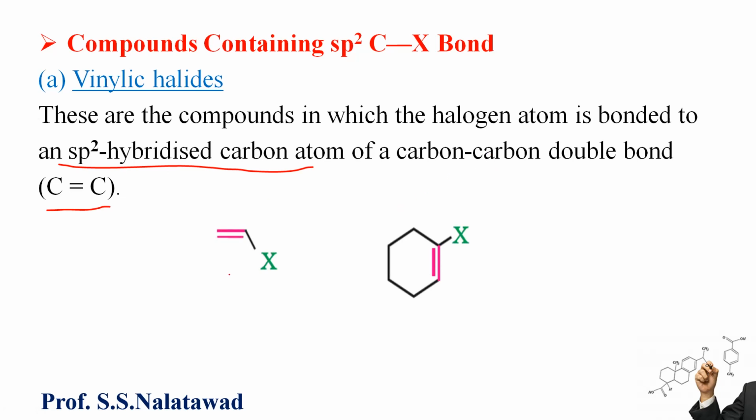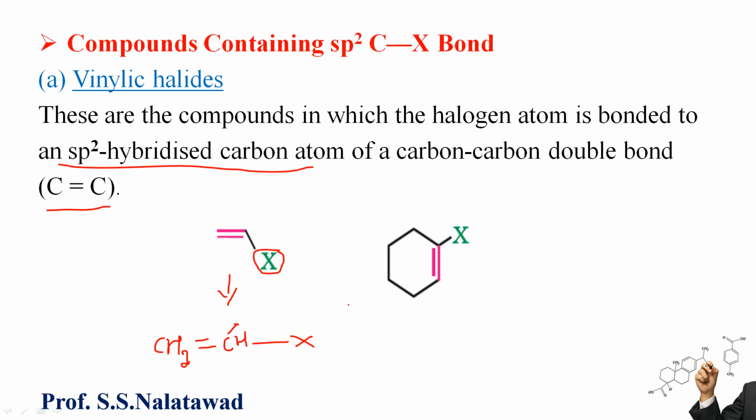We write this example as CH2=CH-X. Both are same. Here halogen atom is attached to the sp2 hybridized carbon atom. We know that when the carbon has a double bond, it has sp2 hybridization. So we call it vinylic halide.